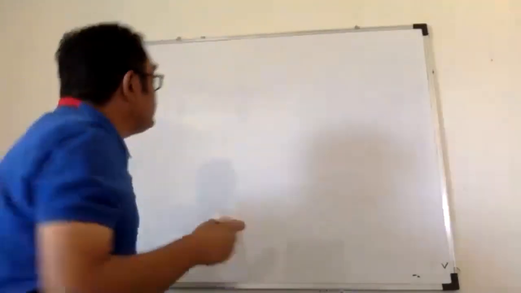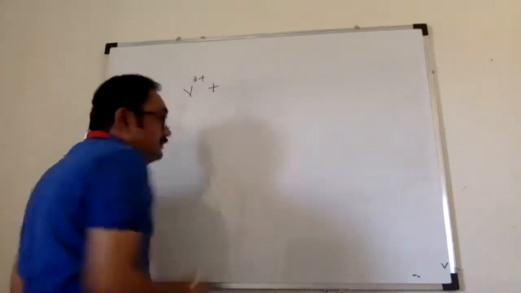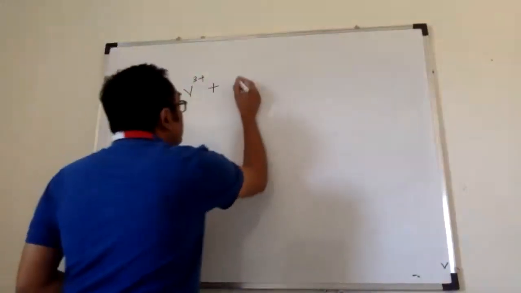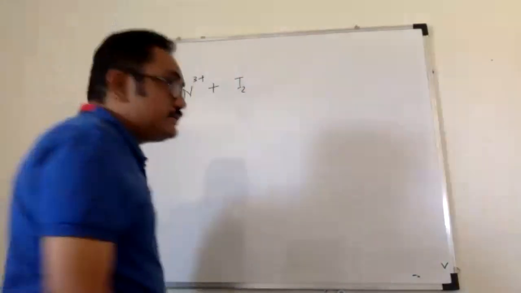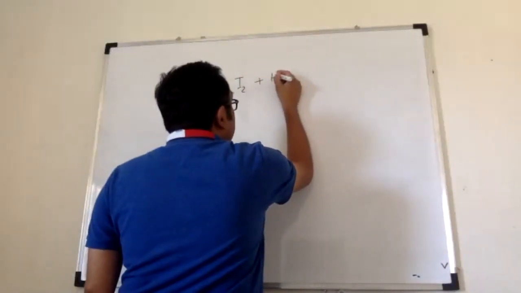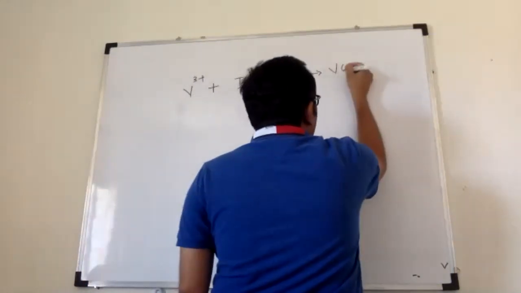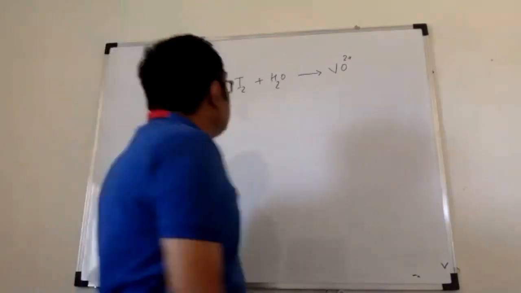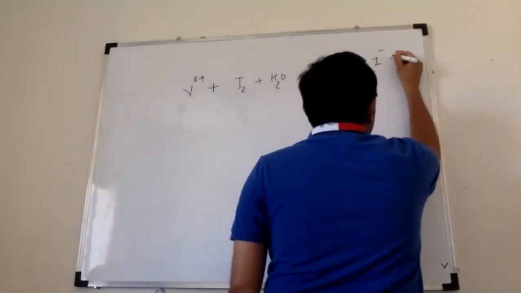V3 plus plus I2 plus H2O gives VO2 plus I minus plus H plus.